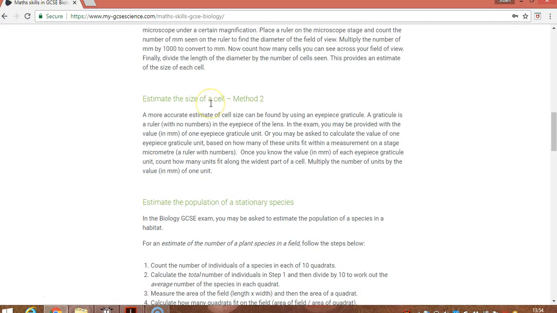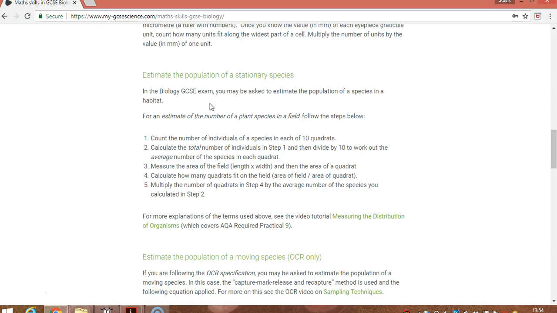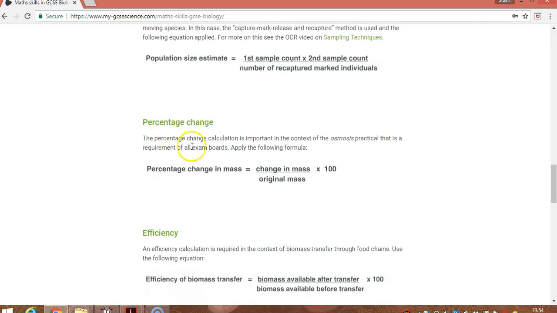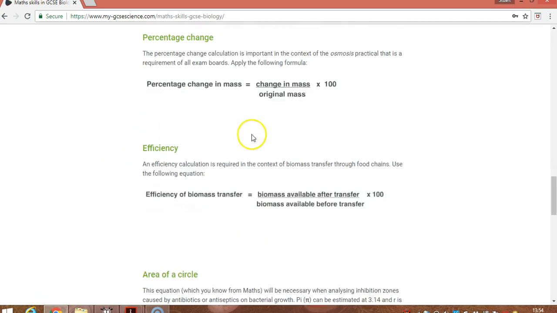There's estimates, so like measure the cell and then measure the magnification and work it out. Estimate the population of a stationary species, so that's using quadrats, that might come up. Estimate the population of moving species, which you don't need to know because that's OCR only. Percentage change, so it says change in mass there, but it could be change in anything divided by the original number.